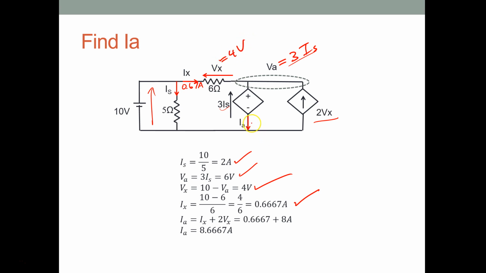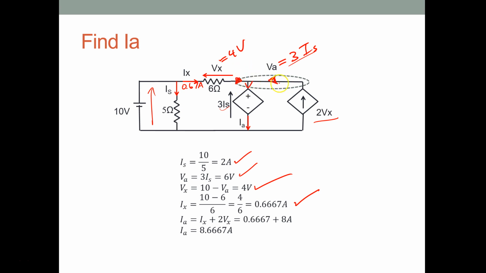And I still need to find the current IA. I want to find IA, so I need to find what is the current here. And then that will allow me to use Kirchhoff's current law to find what is the value of IA.